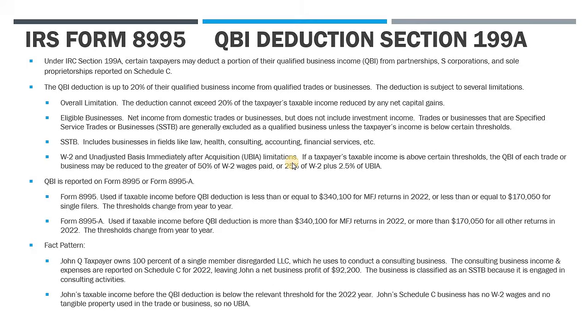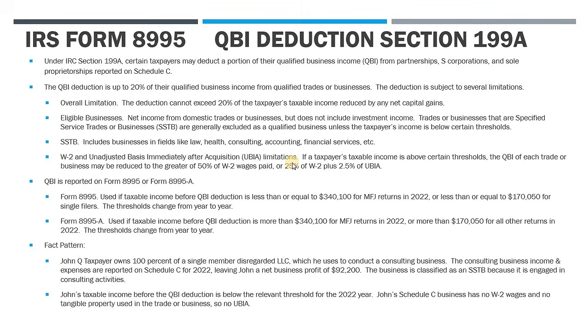So if taxpayers' income is above certain limits, then these other factors come into play. If your taxable income is below these certain thresholds, then you don't have to worry about these 50% of W-2 wages or 25% of W-2 plus 2.5% of UBIA.